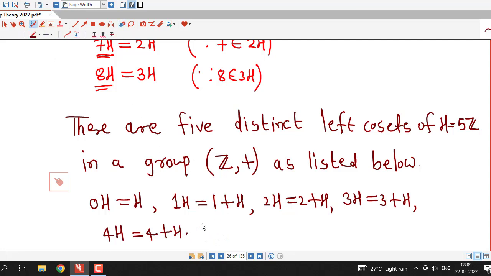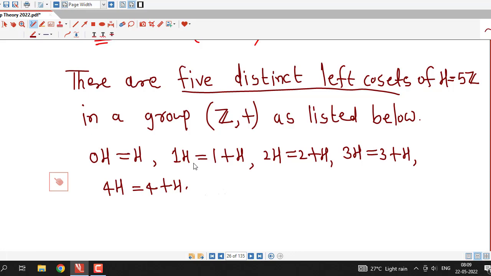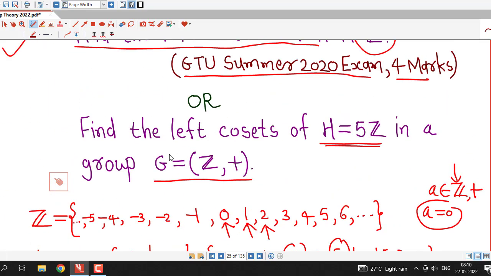So these are the only 5 distinct left cosets of the given subgroup H in this group, and the remaining left cosets will be equal to any of these left cosets. So these are the only 5 different left cosets of the given subgroup.